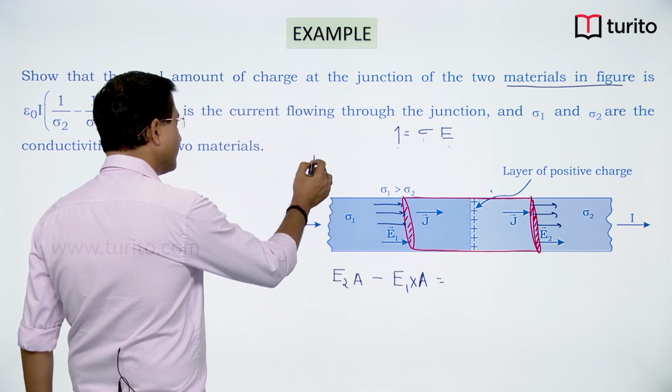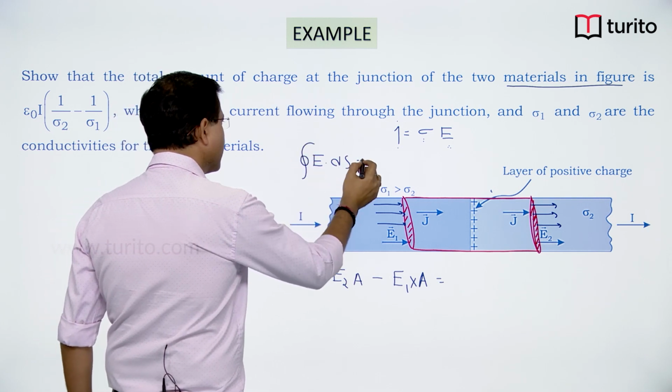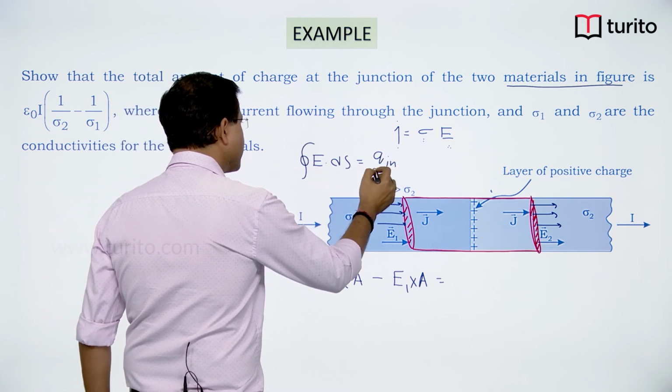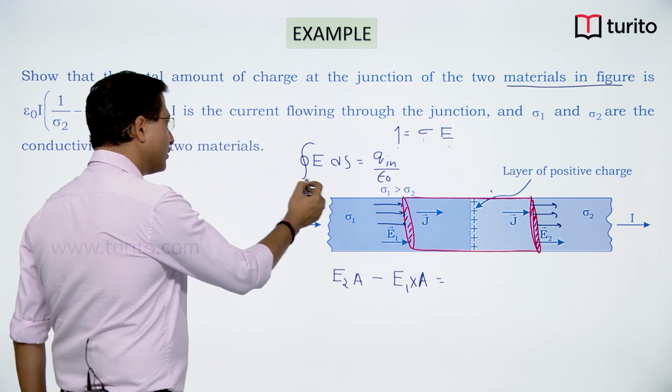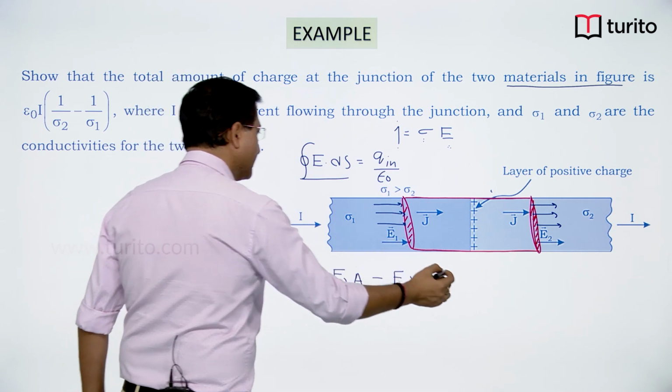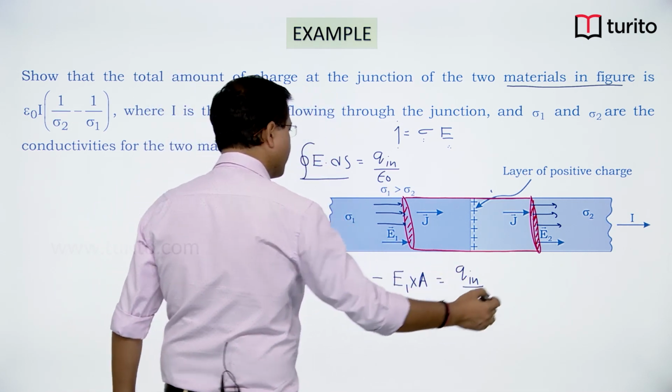According to Gauss law, the closed integral of E dot ds is q in upon epsilon naught. So the net flux I have already calculated and written here, equals q in upon epsilon naught. This is our first equation.